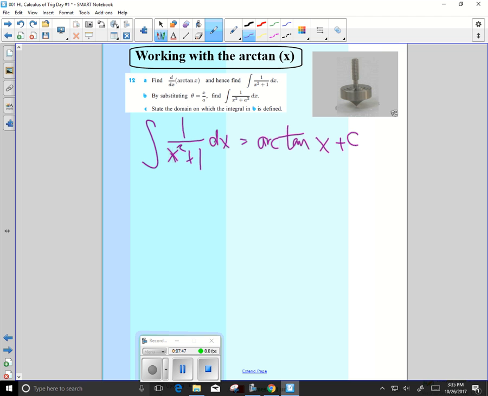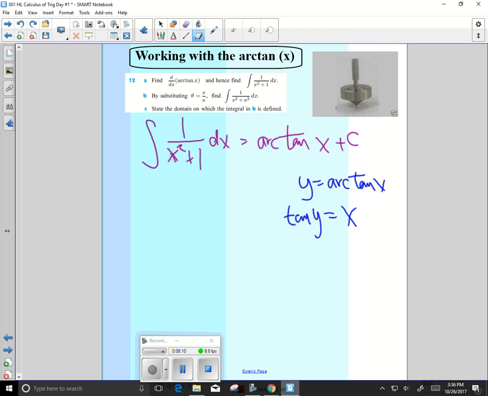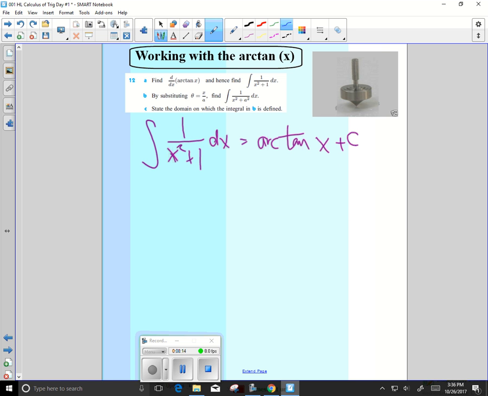We've done it before, but I can leave that up to you. You start with y equals arc tangent of x. If you took the tangent of both sides, the tangent of y is equal to x. I'll let you go through, make the triangle, and do all that, but you're going to get 1 over x squared plus 1 dx.